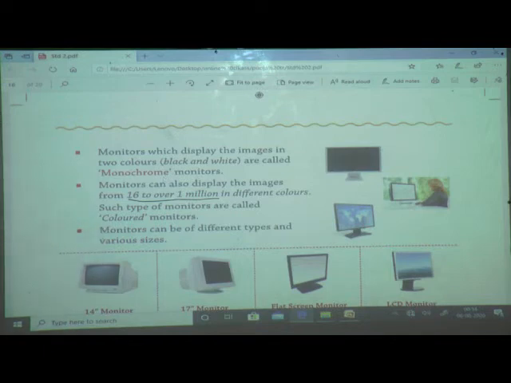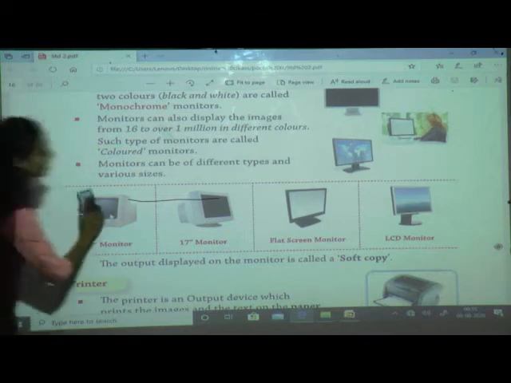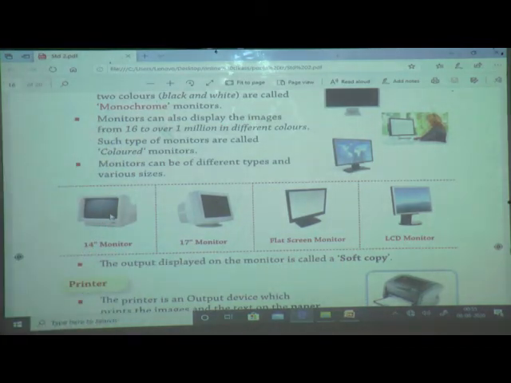Next, monitors can be of different visual sizes. Just as in your class some students are small, some are tall, some are short, monitors are also different types according to their size. Firstly, it is a 14-inch monitor. Next is a 17-inch monitor.